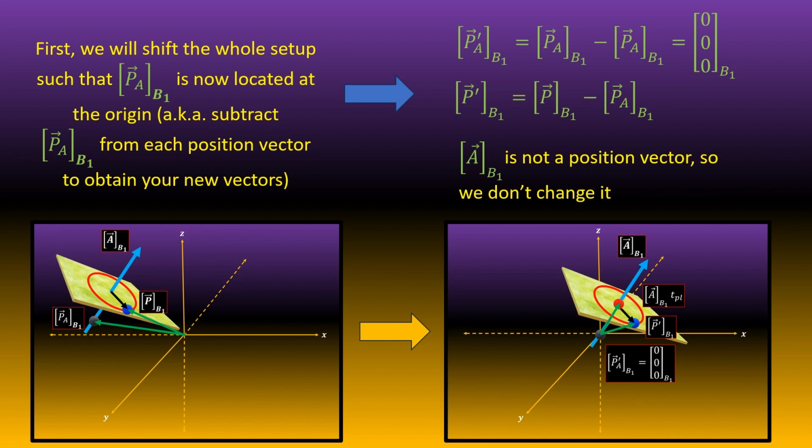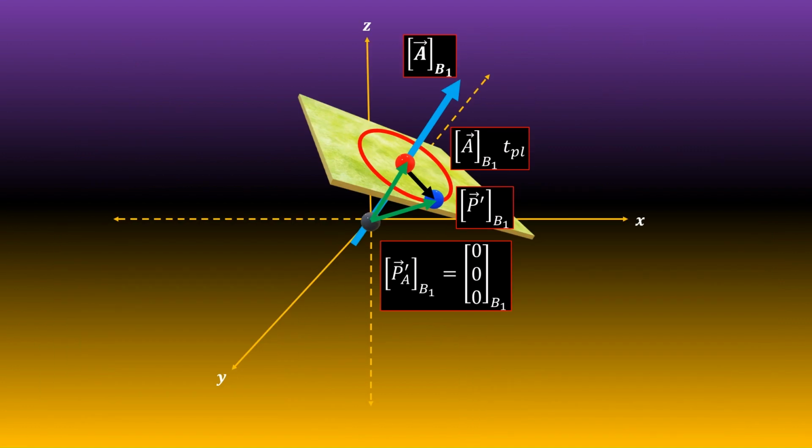We don't really need a position to define the axis. The position of the axis is defined by the point on the axis, P sub A. And note that we create new points, and we denote them with primes, that apostrophe symbol. Alright, so we have shifted this entire setup such that P sub A is located at the origin.